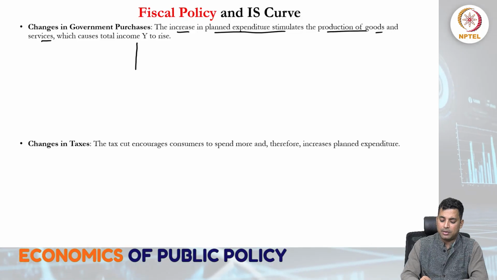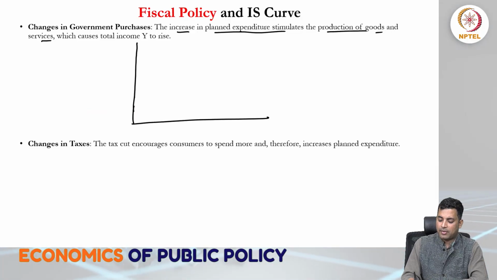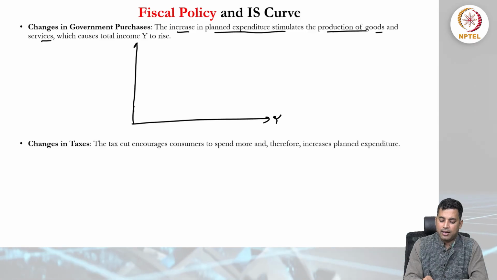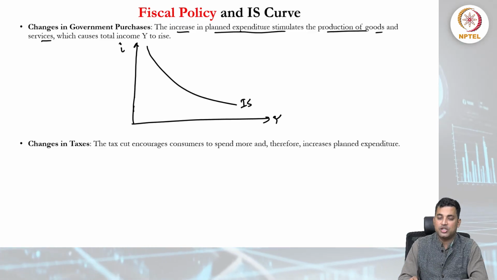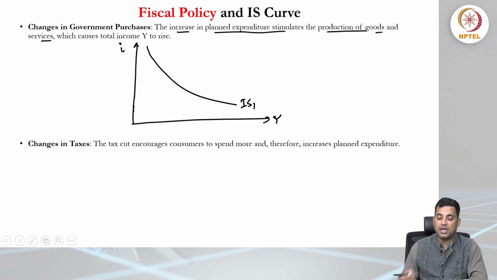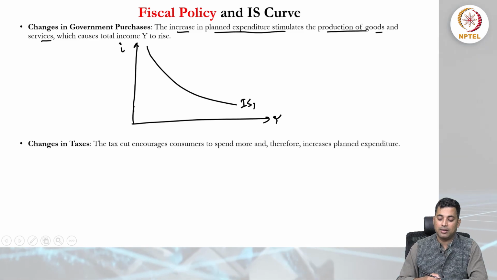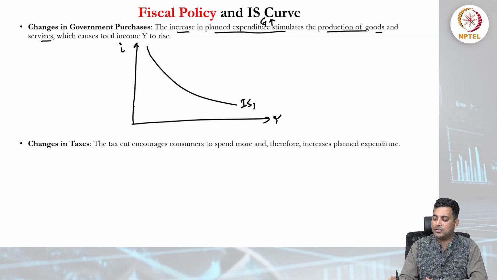Here we can draw income and the rate of interest. This is the initial IS curve, and due to a change in government expenditure, G is getting increased.